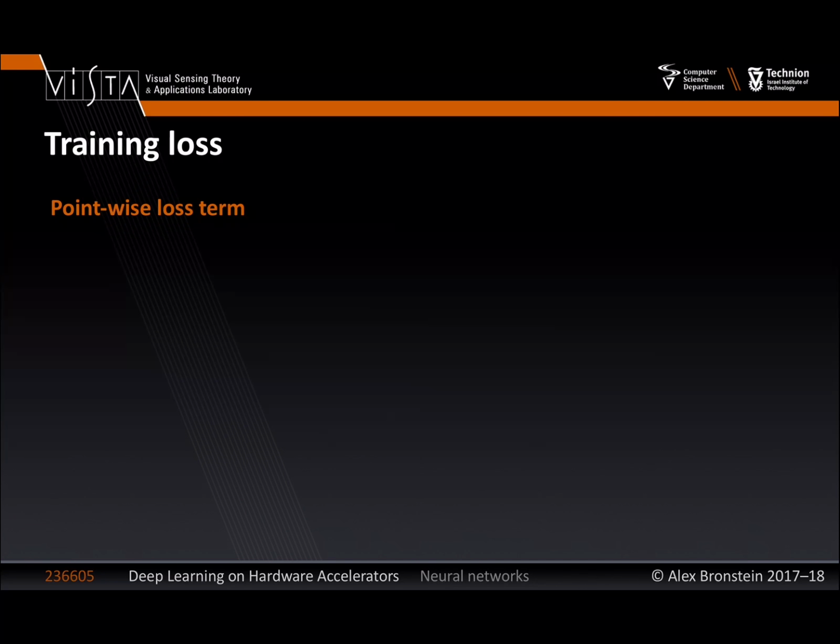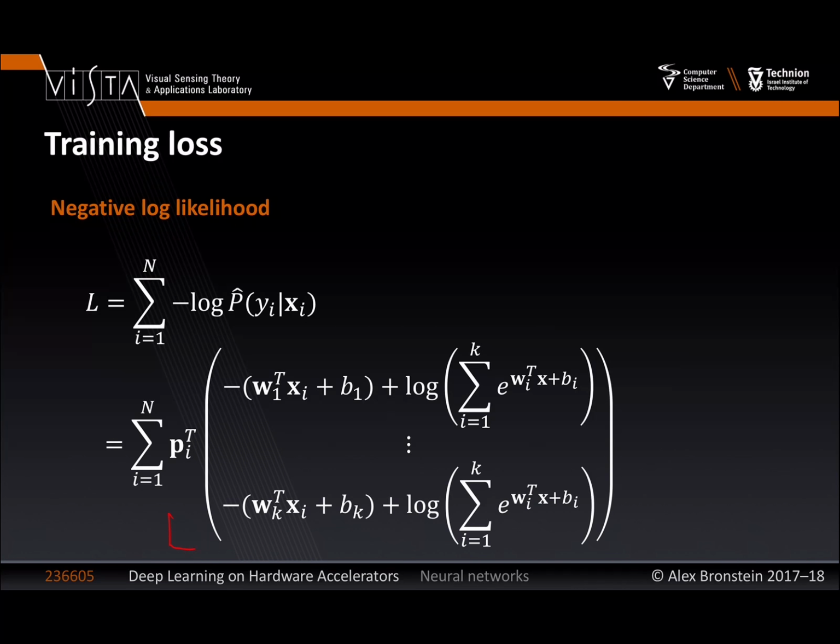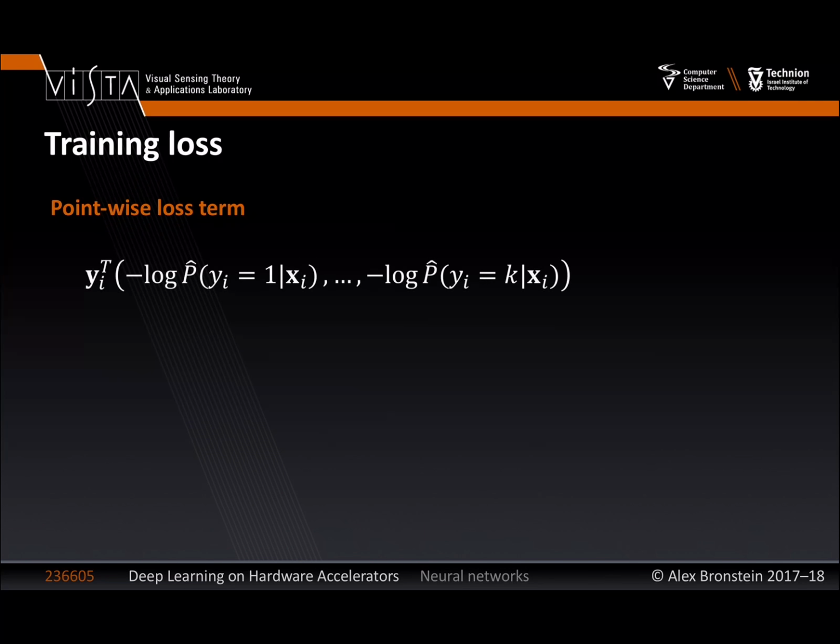Let's have a look at this one specific term for a specific i, what we called previously the pointwise loss. It should be pi here, sorry. So let's write this inner product explicitly.